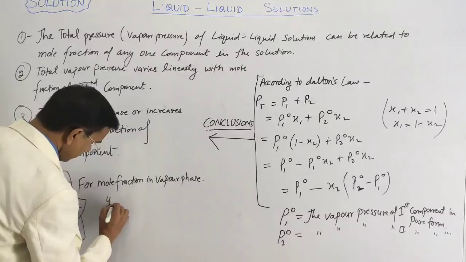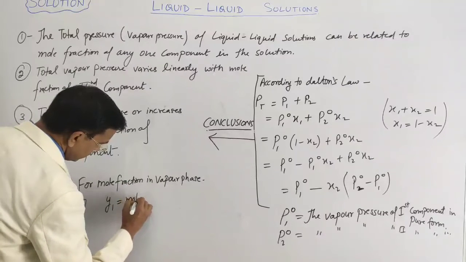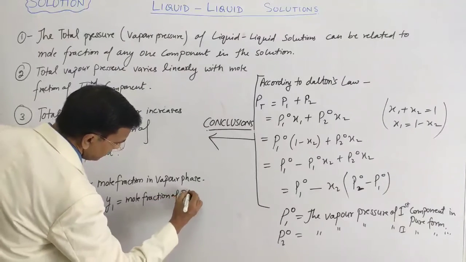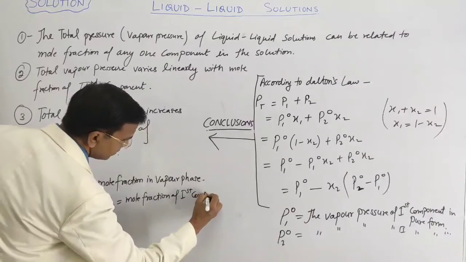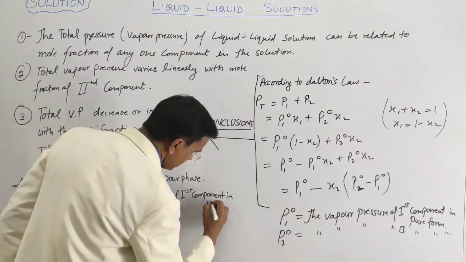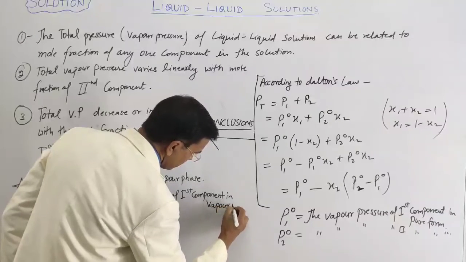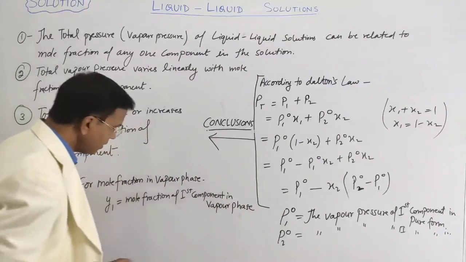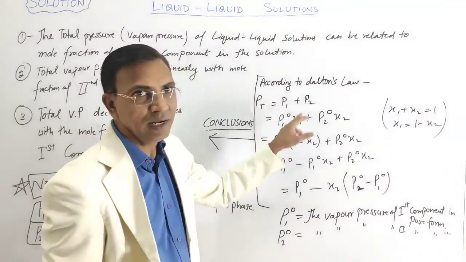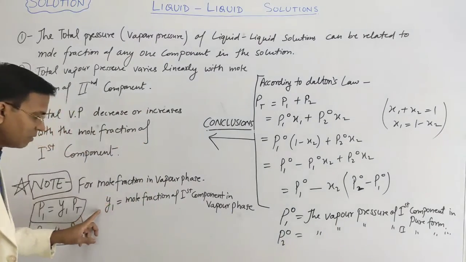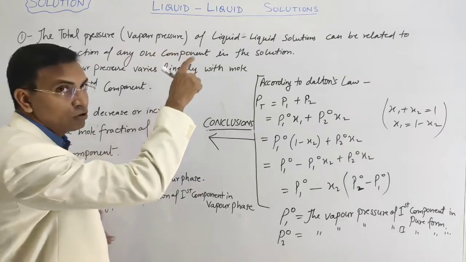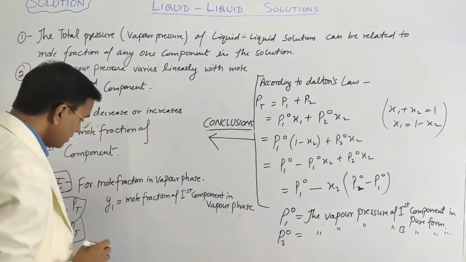Here Y1 is equal to mole fraction of first component in vapor phase. Here X1 is the mole fraction of first component in liquid, and here Y1 is the mole fraction of first component in vapor phase, because the liquid solutions are volatile, right?